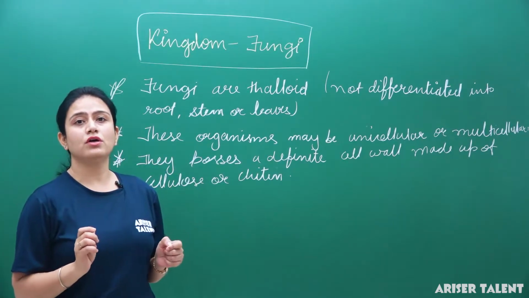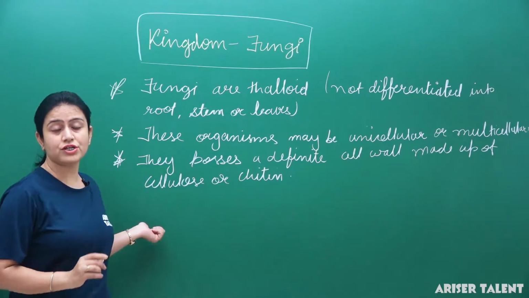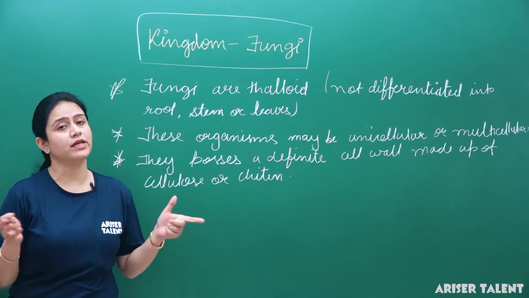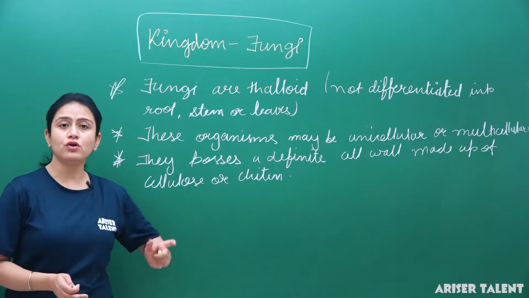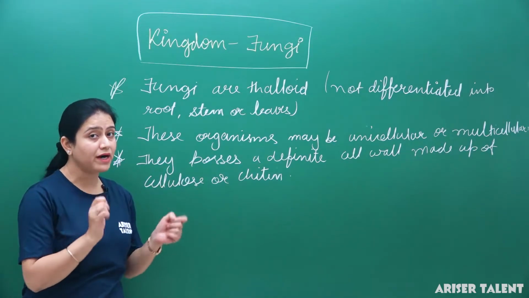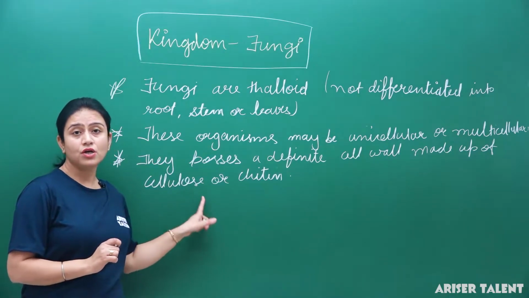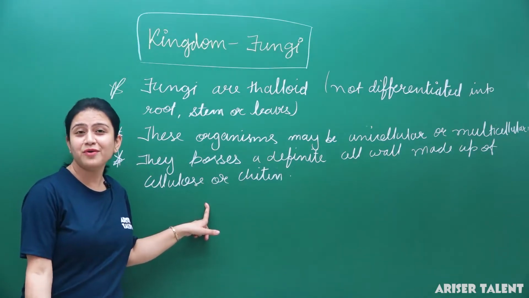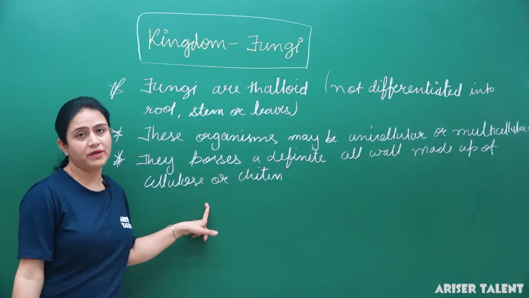Now if we want to talk about the mode of nutrition, then they can be autotrophic or heterotrophic in nature. If they were autotrophic, they could synthesize food, but these fungi do not have chlorophyll, so they cannot be autotrophic. They are heterotrophic in nature.